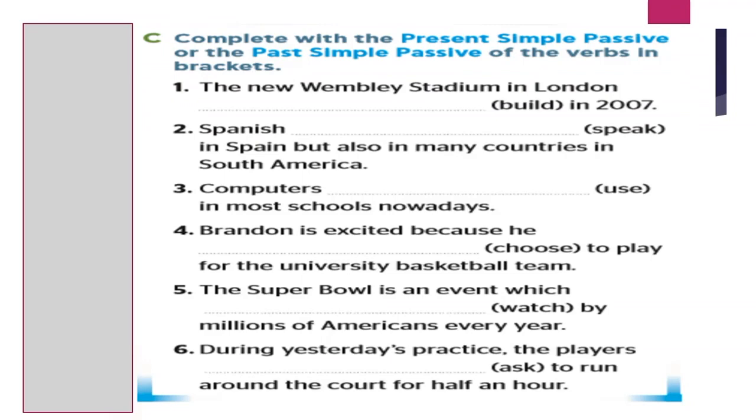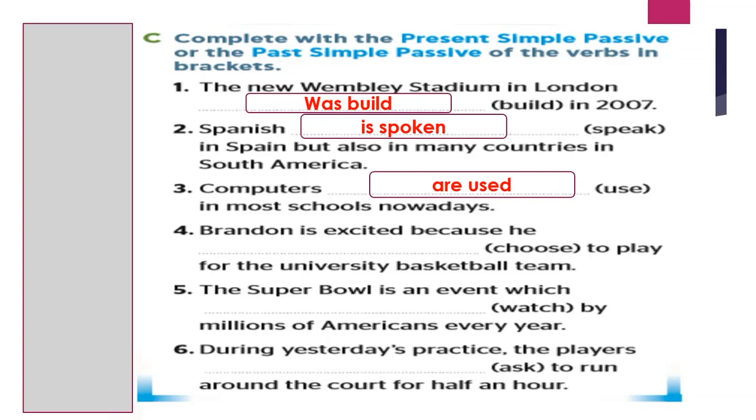The new Wembley Stadium in London was built in 2007. So 2007 is the past time. So it was built. Spanish is spoken in Spain, but also in many countries in South America. Computers are used in most schools nowadays.